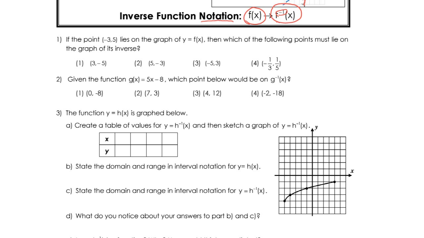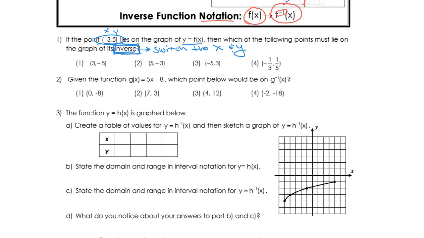It says if the point -3, 5 lies on the graph of f of x, then which of the following points must lie on the graph of its inverse? So inverse is our key word. Every time we see inverse, all we have to do is switch the x and y. They gave us an x and a y up here: -3 is our x and 5 is our y.